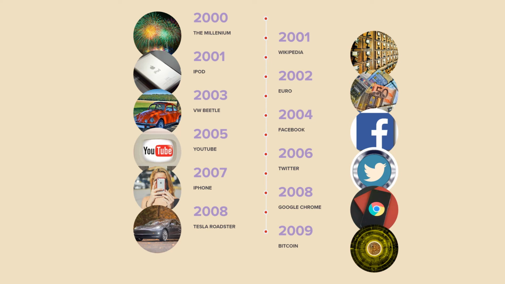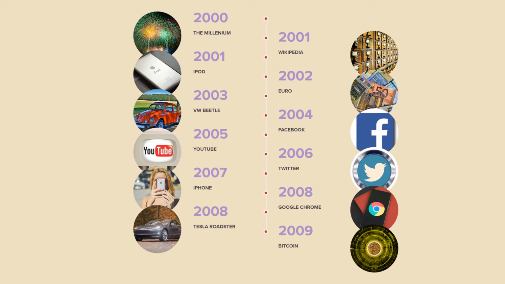Here is an example of a timeline. This timeline starts with the year 2000, when the millennium began. It ends with 2009. There are several important events presented here. So let's go through the list together.